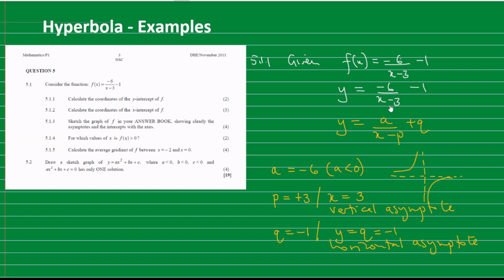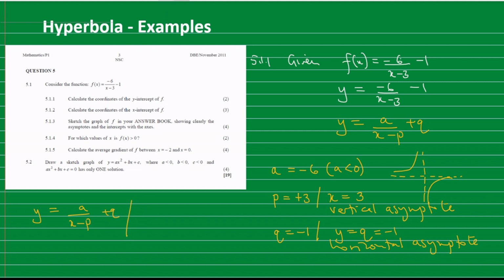Remember, our equation is in the form y is equal to a over x minus p plus q.